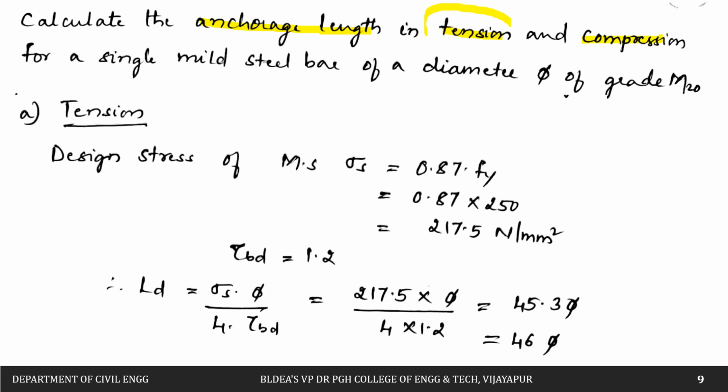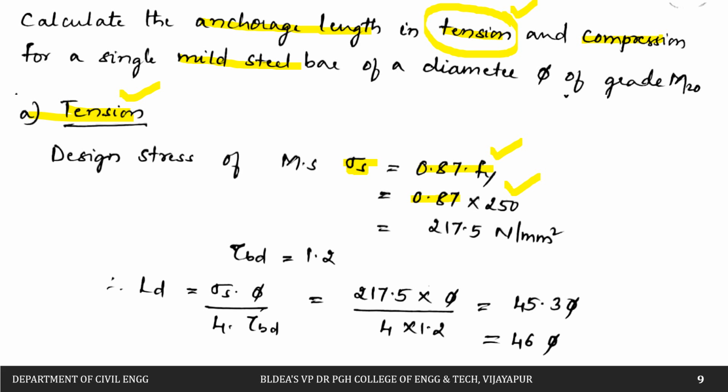First let us take tension and calculate the anchorage length, or development length, in tension. Let us calculate the design stress sigma s, which is equal to 0.87 f y. As we are using a mild steel bar, the f y value will be 250.